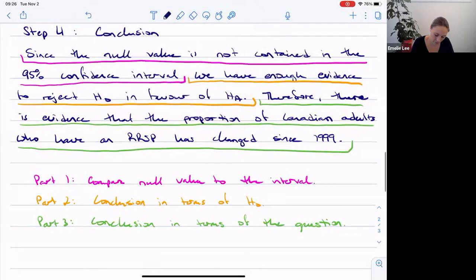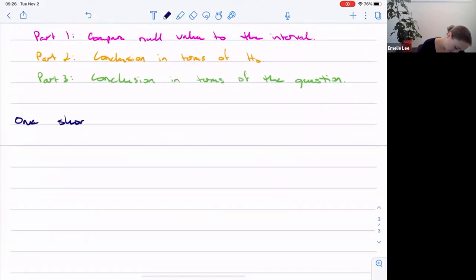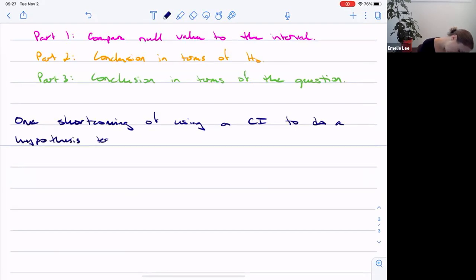One shortcoming of using a confidence interval to do a hypothesis test is that we can only look for a change.